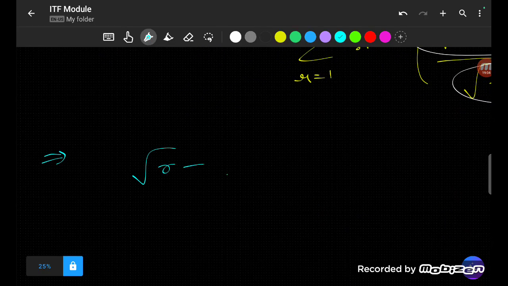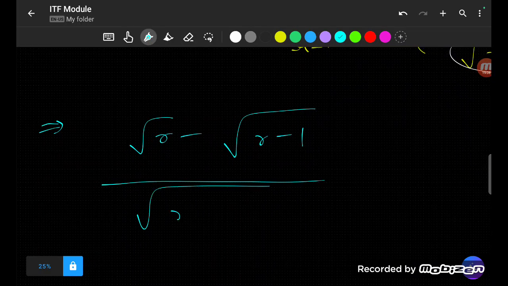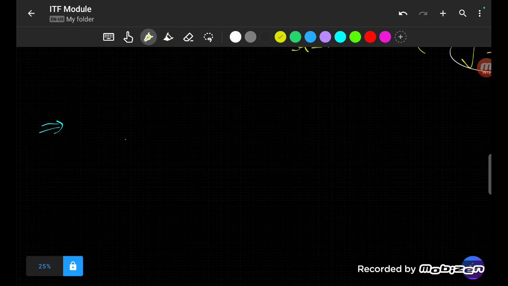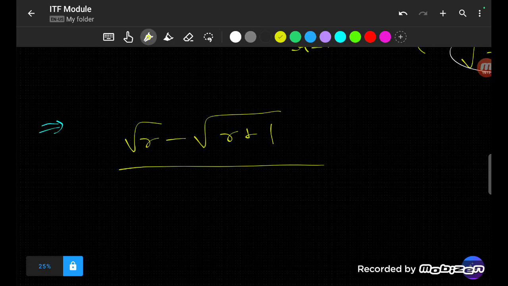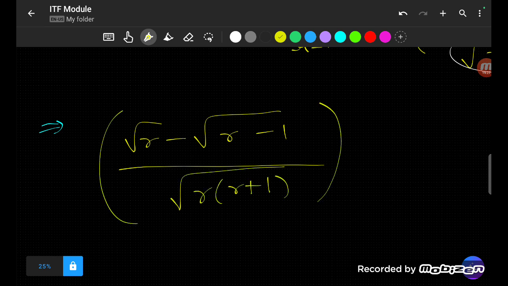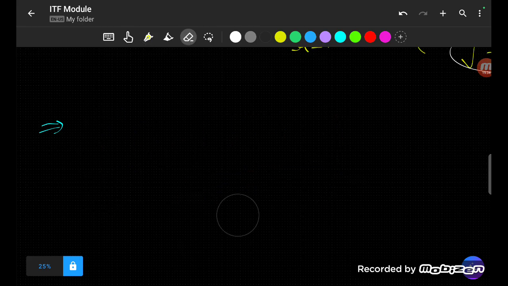You have root r minus 1 upon under root r plus 1. Actually, let's shorten this a little bit, this is too much. So root r minus root r plus 1 upon r minus 1 into root r plus 1. If we just were to keep it like this, there's nothing wrong with it, no? Let's keep it like this for now.